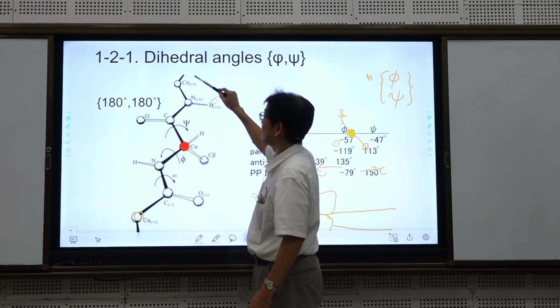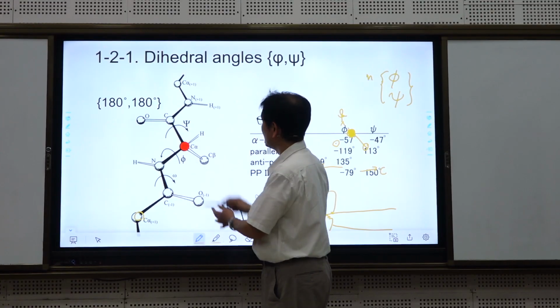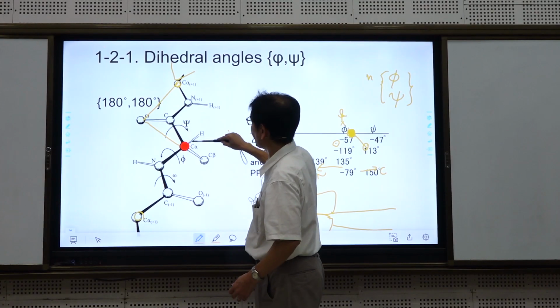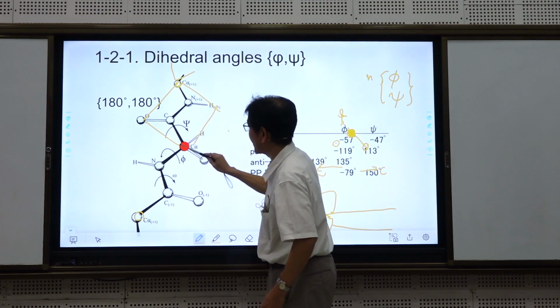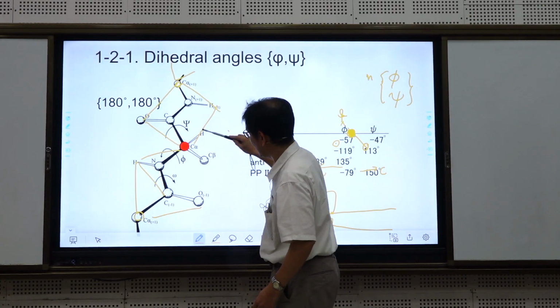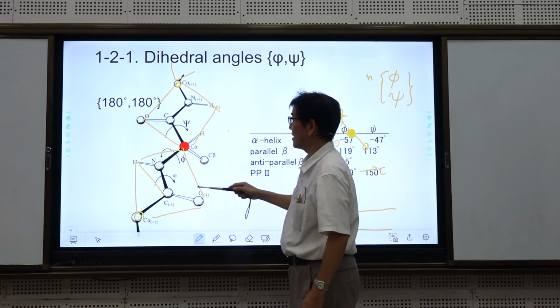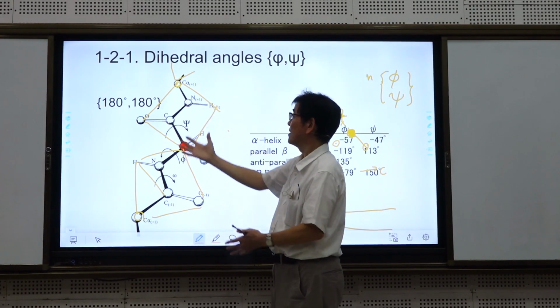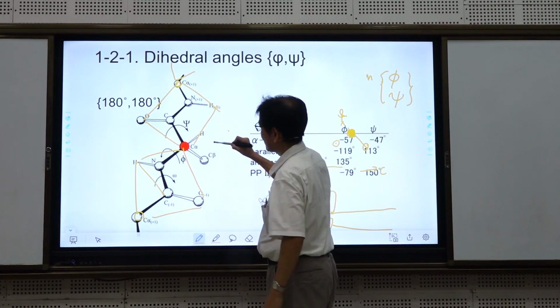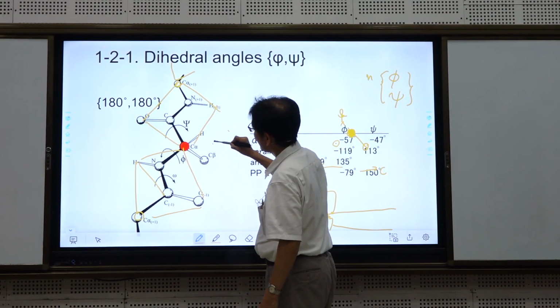So for each carbon alpha, we can define the plane.